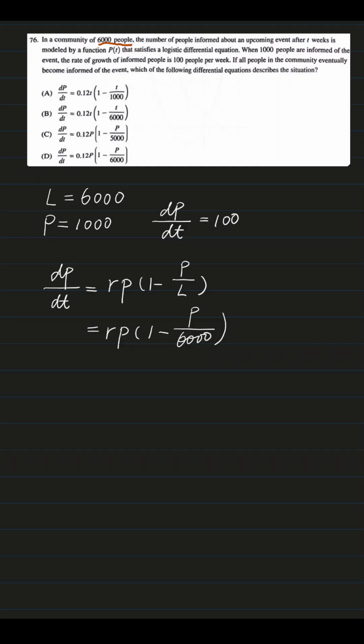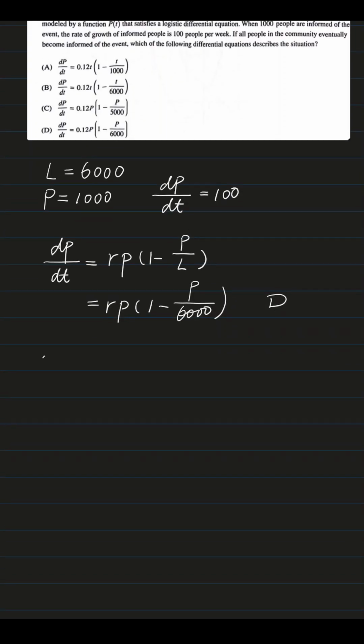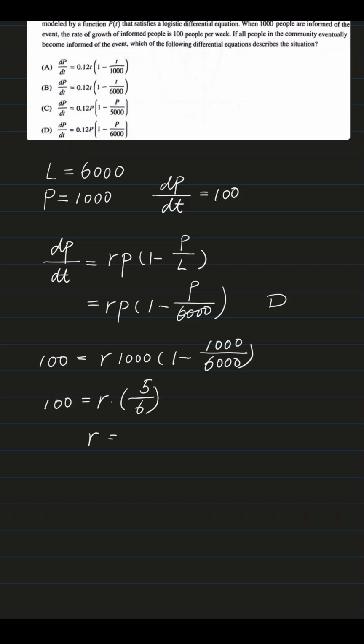Actually, it's pretty obvious that we can choose D as our answer. But let's be thorough and prove that constant. So we take the standard equation and plug in dP/dt equal to 100 when the population is 1,000. Now we solve for r, and r equals 0.12.